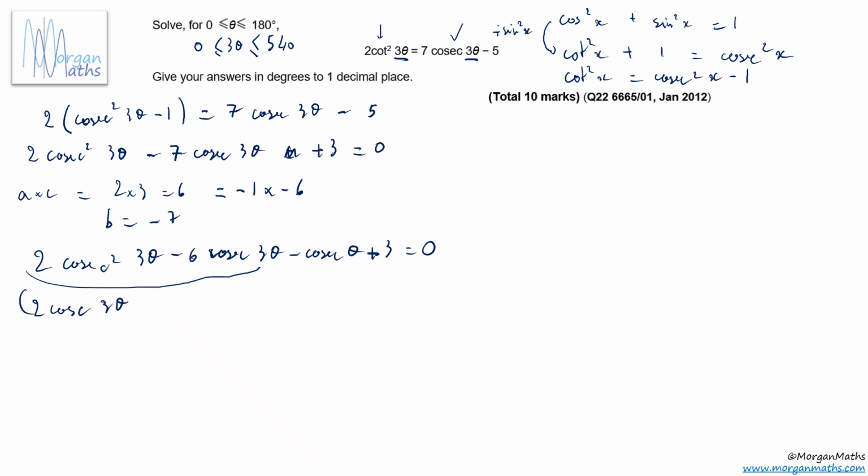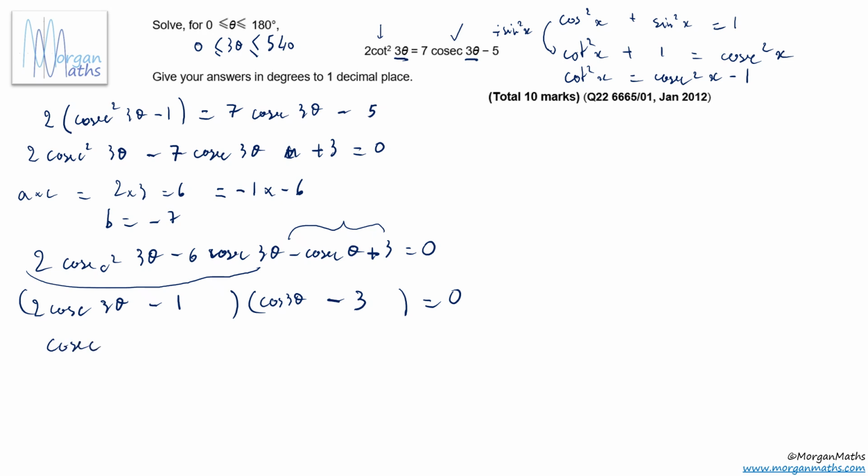And just to be a bit quicker, I know I'm going to factorize something, so I leave a space already. And the first 2 terms, if I factorize 2 cosec 3 theta, I'm going to have 1 cosec 3 theta left, minus 3. And then for the second half of the equation, I will just need to factorize -1. And that will give me the -1 cosec 3 theta minus 3 equals 0, which means now I can solve.